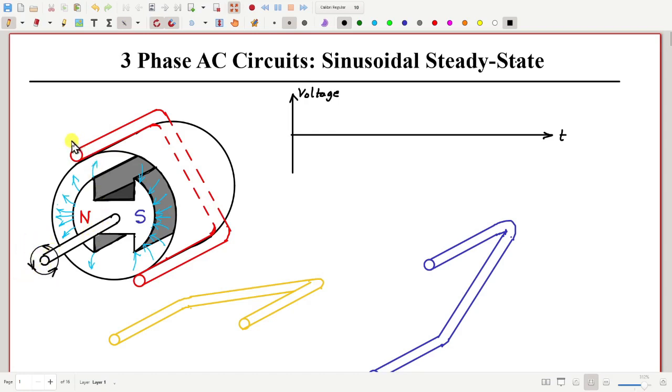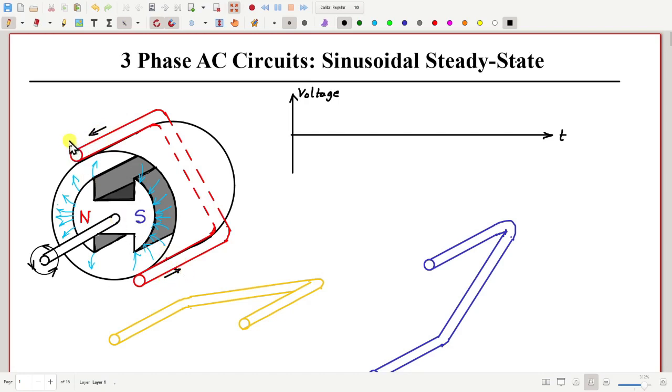That means this conductor is rotating with respect to the magnet in the clockwise direction, and applying Fleming's right-hand rule you get the polarity of the induced EMF. It will try to drive a current in this direction on this side of the conductor and in this direction on the other.